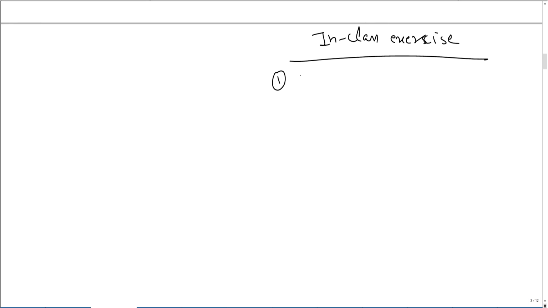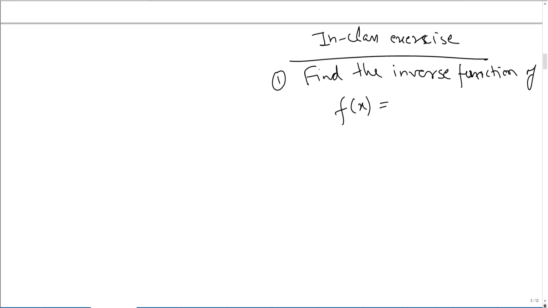So first, find the inverse function of this particular function f of x equals 1 minus x square, or let us take slightly different. f of x equals 1 divided by 1 minus x.